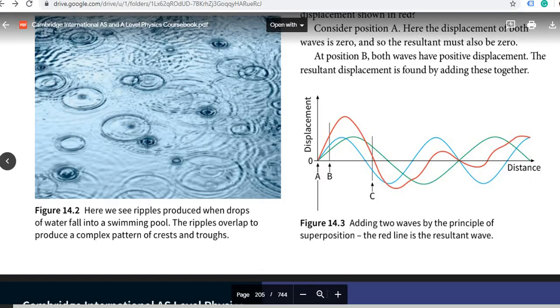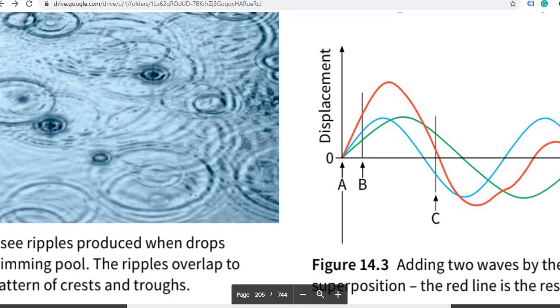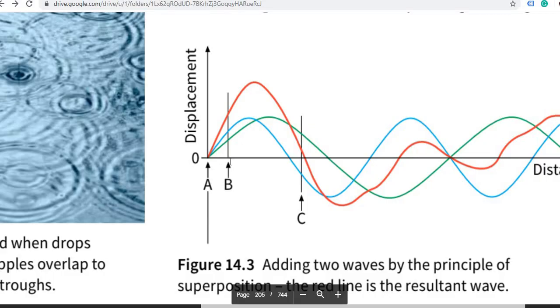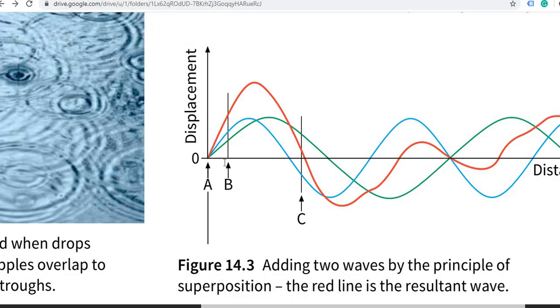If you go along this line, the displacement of B is from here to here. The displacement of wave A along this line is from here to here. That is the displacement. So the displacement of the resultant wave, which is shown in red here, will be the displacement of the green wave, from here to here, plus the displacement from here to here.